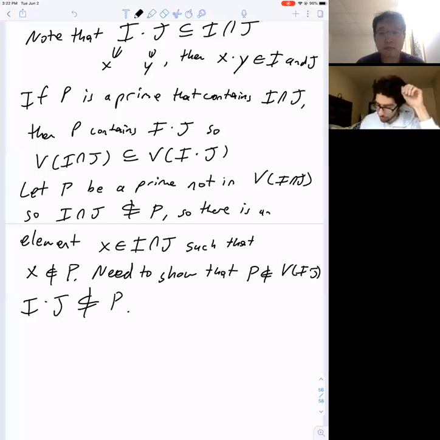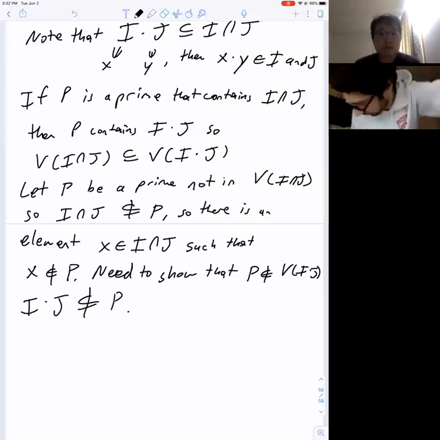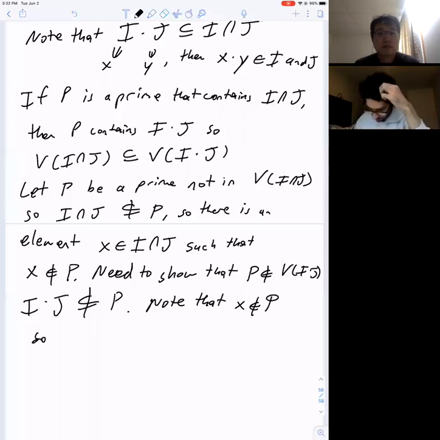So how do I find an element of I times J that I know is not in P? Note that x is not in P, that x that we said was in I intersect J. So that means that x squared is not in P because P is prime.